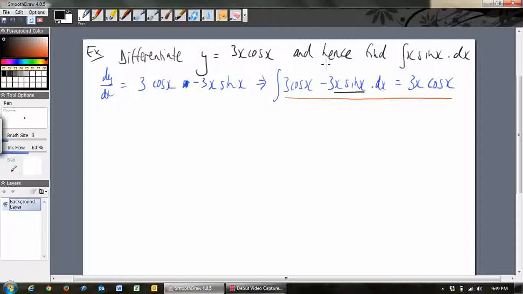So we'll break this integral up into its pieces and then move it across. Okay, so I'm going to do that in one step this time because you've seen it before. So that means the integral of negative 3x sine x dx is equal to 3x cos x, and I'm going to move this thing over to the other side.